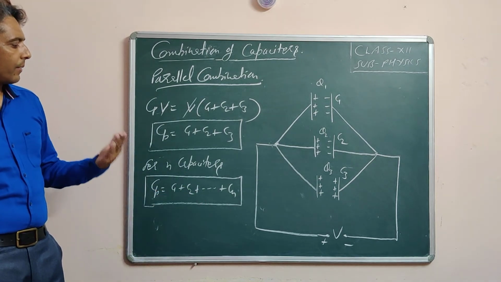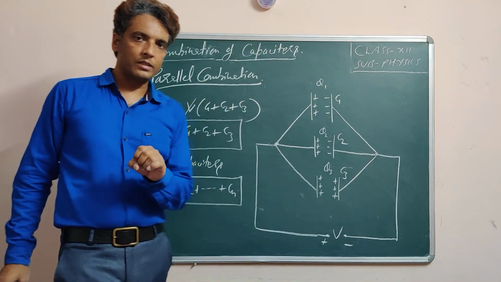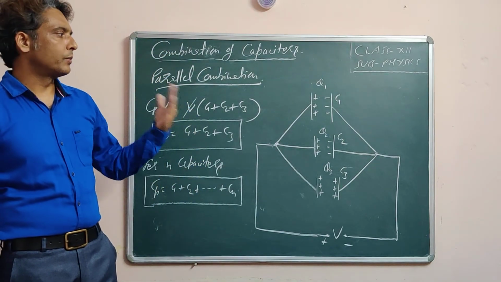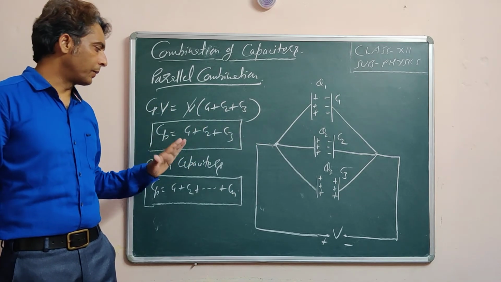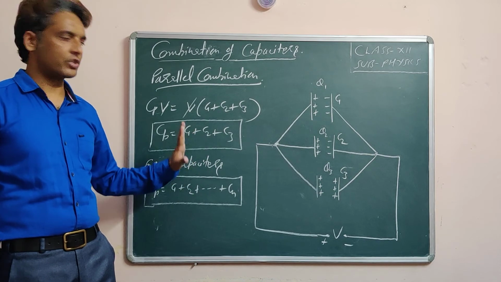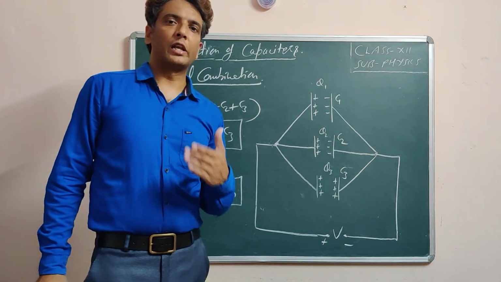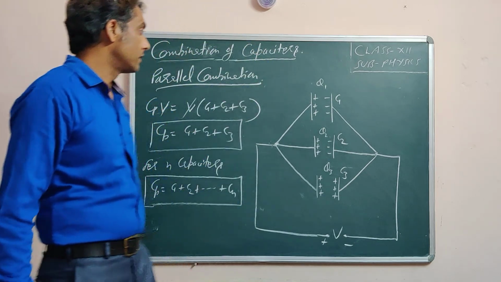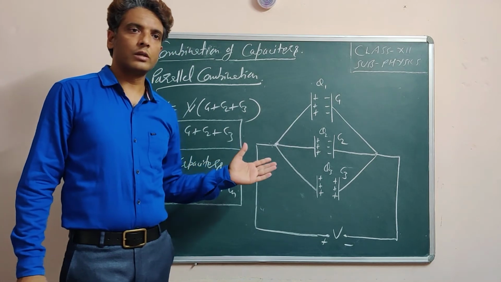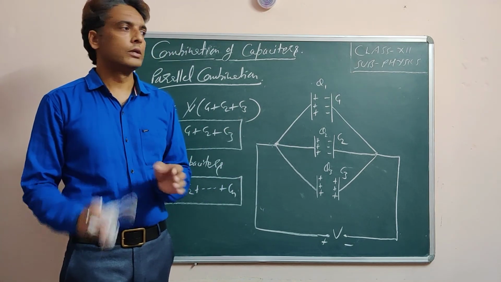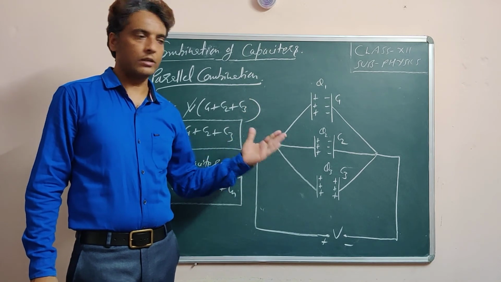Or when we need capacitance of large magnitude from the combination of capacitors, we connect the capacitors in parallel combination. So this is about series combination and parallel combination of capacitors. Similarly, we can discuss the mixed combination of capacitors, in which the capacitors are connected both in series as well as in parallel.